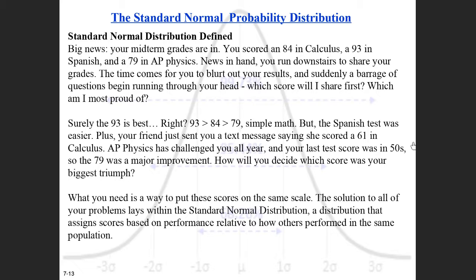So depending on how the class does, say everybody did poorly, I can adjust the grades to standardize them to make them relative to each other in the class, not to an absolute value. That's what standardization does. Okay, so I'm going to show you a video. It's a very long video. We're not going to watch the whole video, but just so you get the idea about what standardizing is.